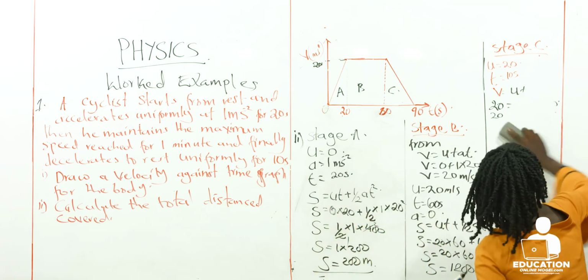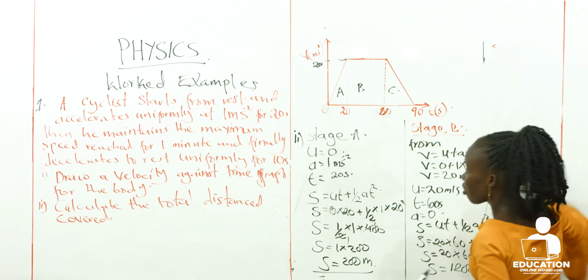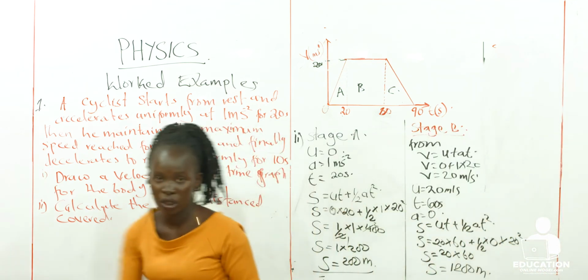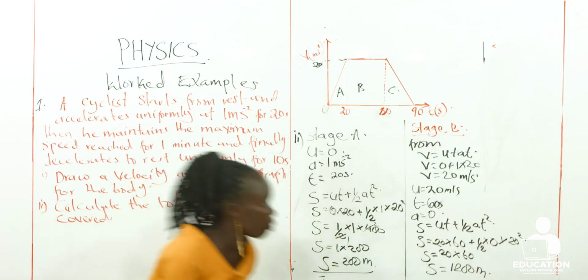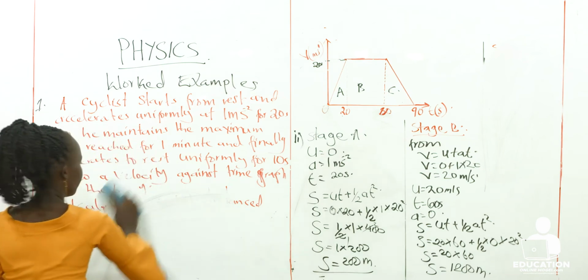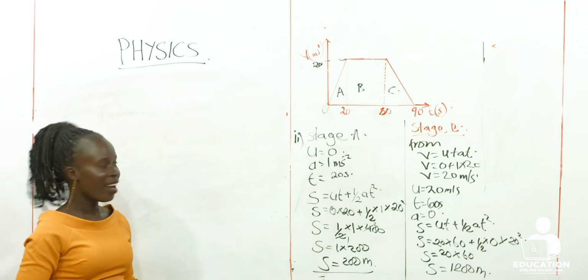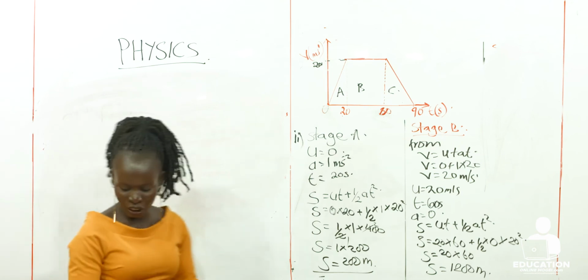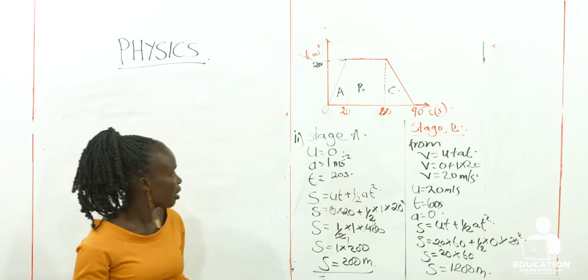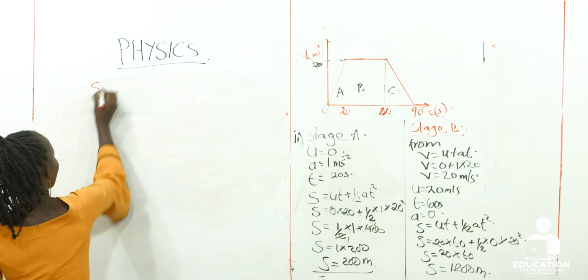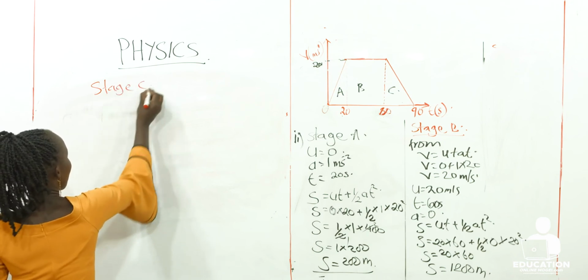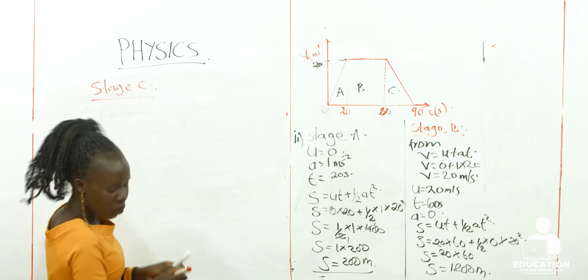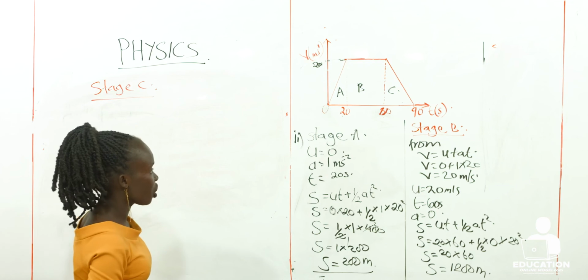Let us write it in a bigger space. I think we'll have to grab this question out to see what we shall get there. Okay, now let's look at stage C. At stage C, what is our initial velocity?